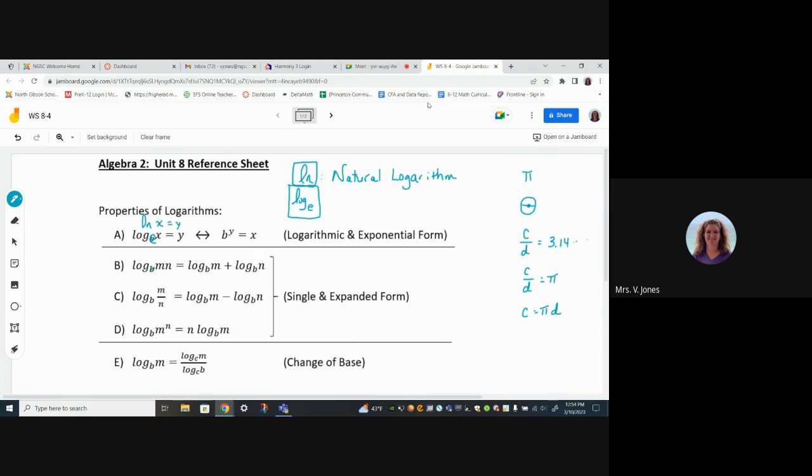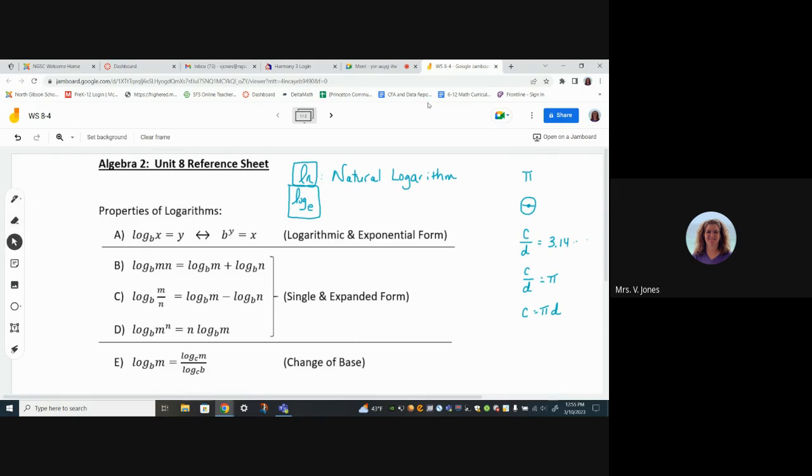Down here, if I put an e everywhere the b is, then we've got ln, because that's log base e, of m times n is the same thing as ln of m plus natural log of n. So the property is identical. There's nothing different about the properties. Everywhere you see the log properties, it means the same thing as the natural log properties. Just remember that your base is e.